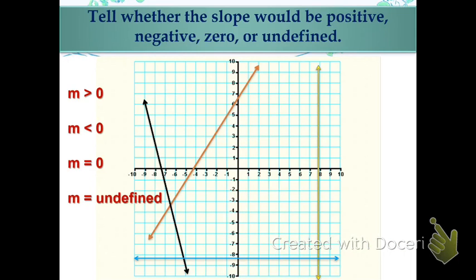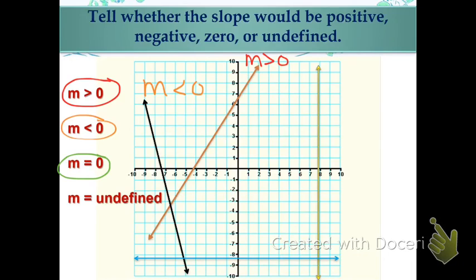So looking at these examples here, we have 4 lines and 4 slopes. The slope that is positive would be this orangish line here, because it goes up from left to right. The slope that is negative would be this black line, because it goes down as you read it from left to right.